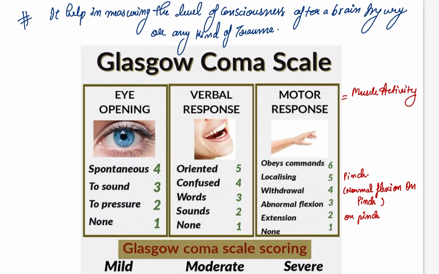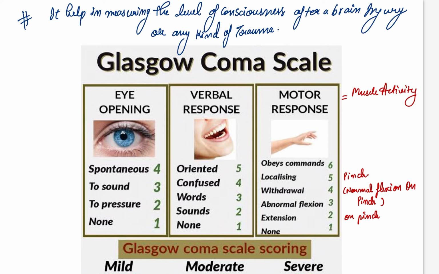And if you are giving a rub or pinching the finger, and then you ask in which finger I pinched you, and if the patient is able to localize that, then you can give the score of 5.